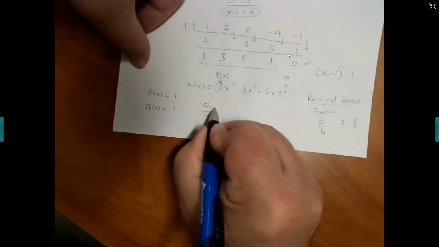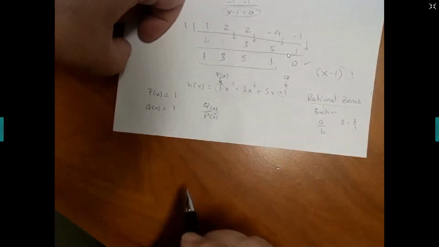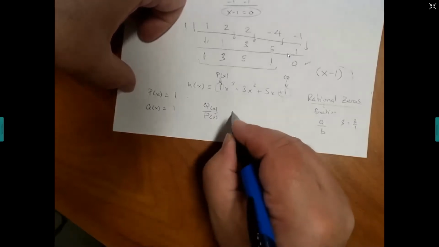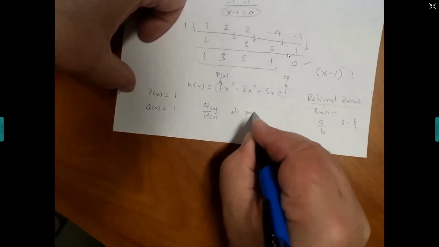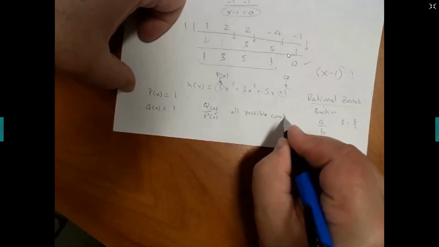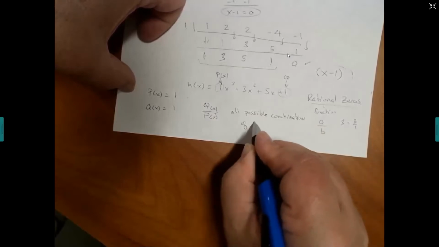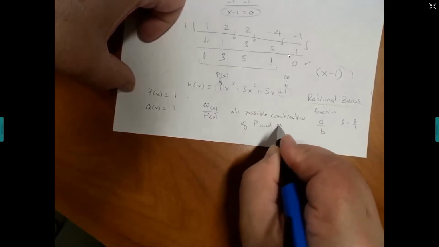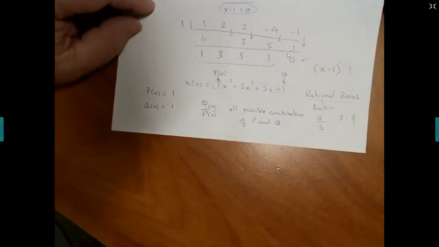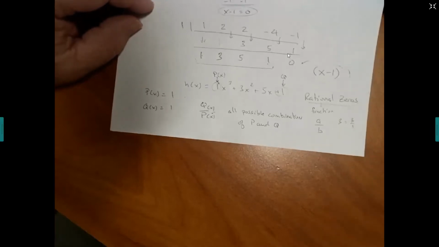We set it up this way. All possible combinations of P and Q have now limited the amount of answers we can have.